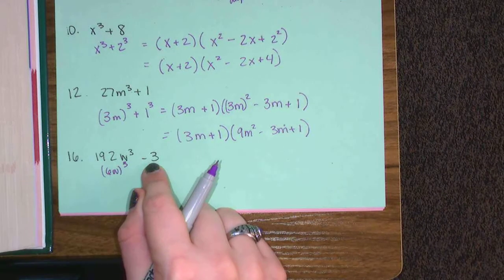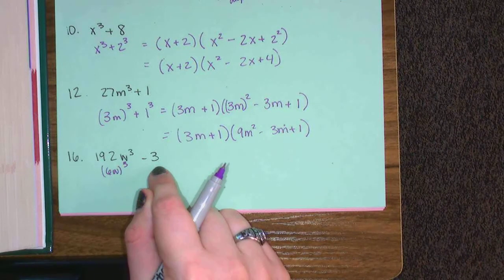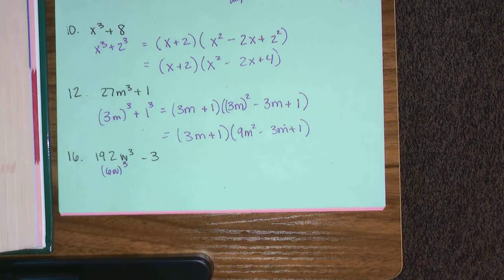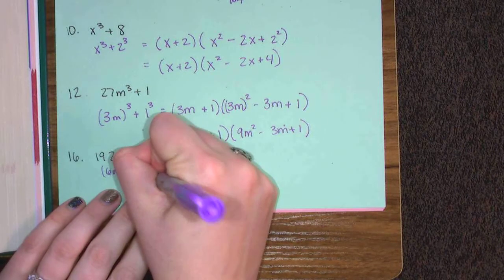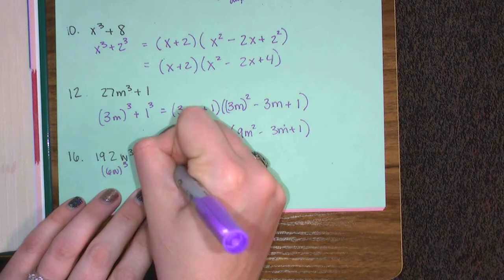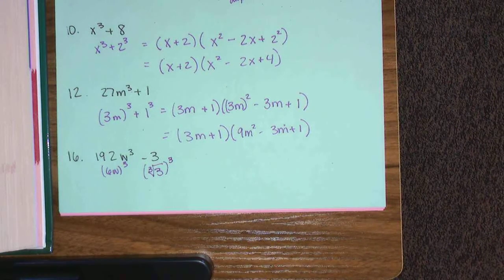How about this? Can I not write it as the cube root of 3, the cube root of 3 cubed?